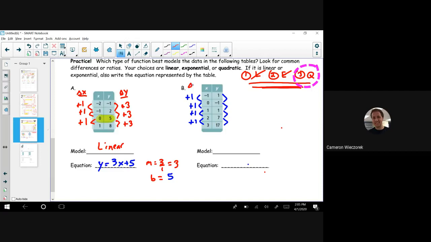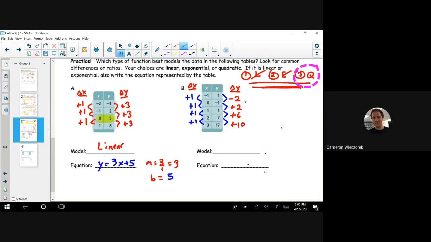Here was my change in x. And I started looking at the change in y's, but then I erased them since I didn't think it was linear. From 1 to -1, it drops by 2. From -1 to 1, it grows by +2. From 1 to 7, it grows by 6. And from 7 to 17, it grows by 10. Okay. Obviously, they're not the same number yet. So I get to do this one more time.